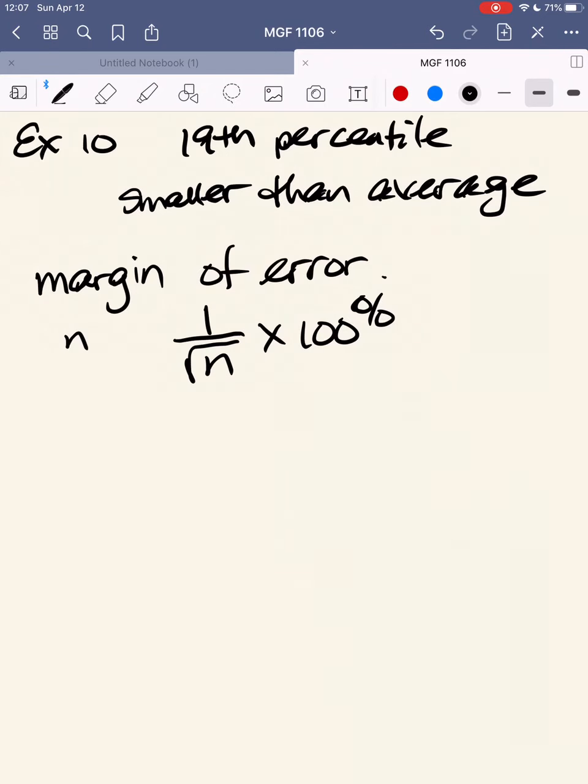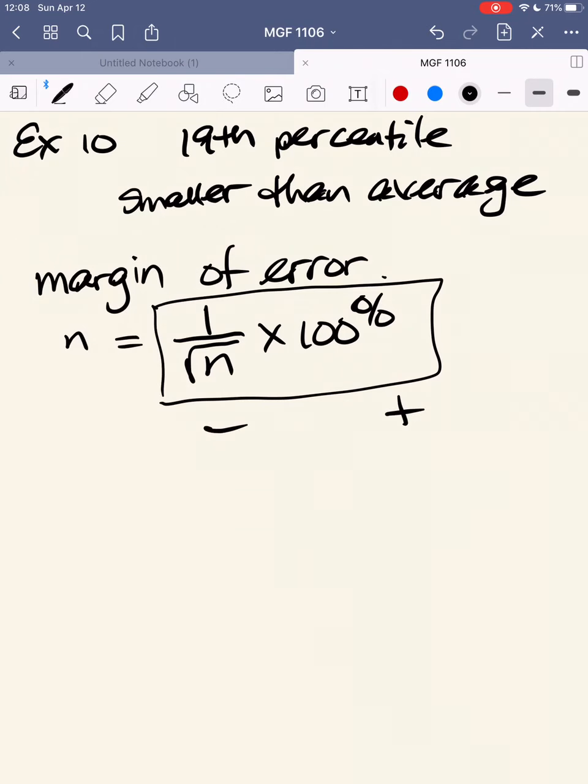So if we take a sample and there is this margin of error, we could say there's a 95% probability it lies within this margin of error on the plus side and on the minus side.